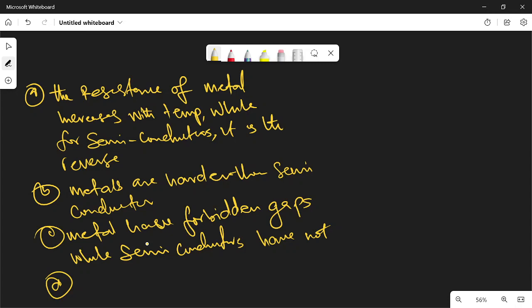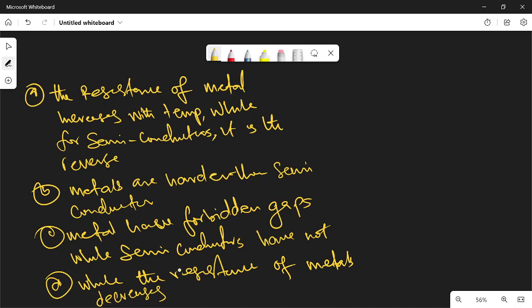Towards D. D states that while the resistance of metals decreases with temperature, the reverse is the case for semiconductors.